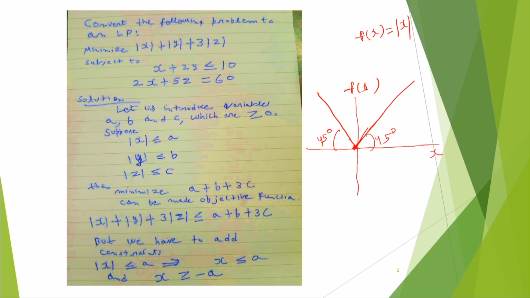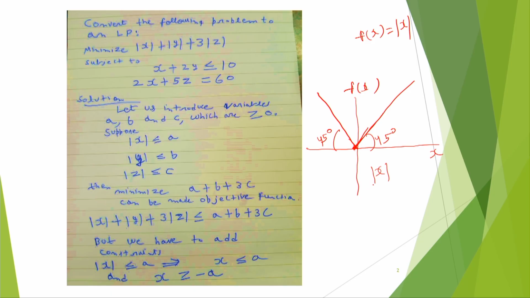So we introduce variables a, b and c, and they are positive, since mod x is always positive. Suppose I give some constraints.